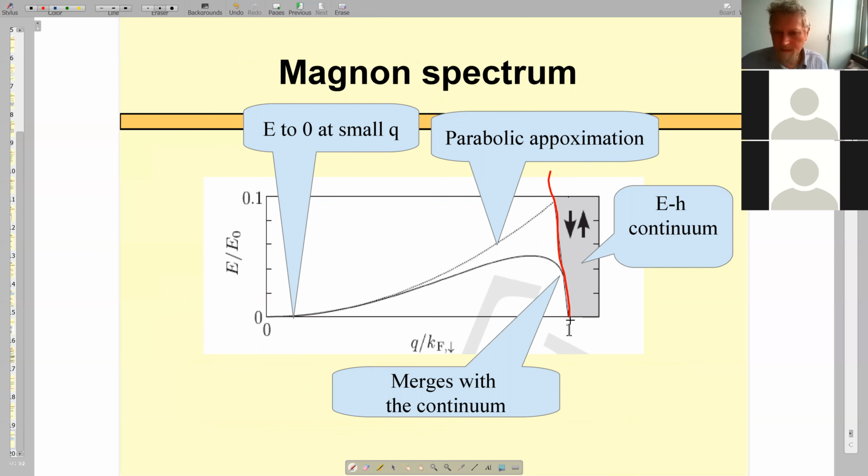And the magnon branch is within the energy gap. At small k, energy goes to 0. The spectrum is parabolic, and you see that the parabolic approximation actually works pretty well through the whole region. It's only near the continuum that it wiggles and merges with the continuum at some point. Right, magnons.